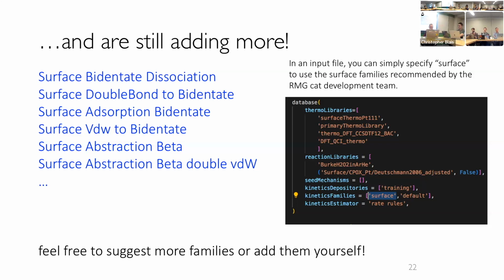They're essentially surface families that we have used in our mechanisms and found that the rules are stable and give you likely chemistry. We've added a number of bidentate families and we're still working on getting them to play nice with RMG. So it's the ones that work well enough for us to be confident in the mechanism we get with them.